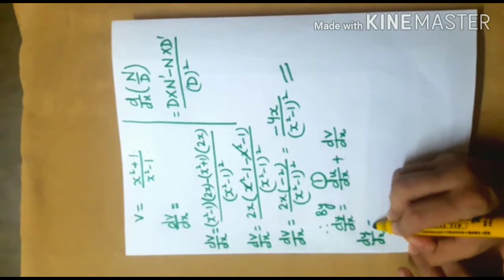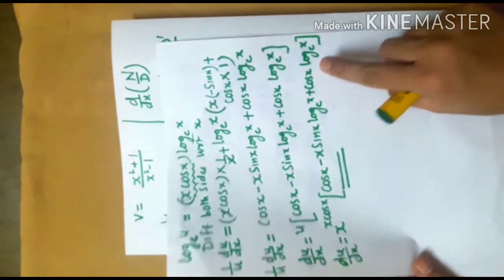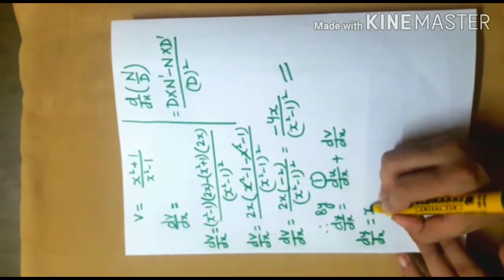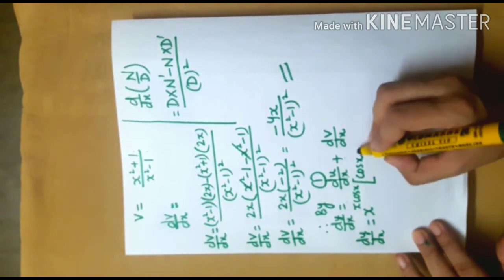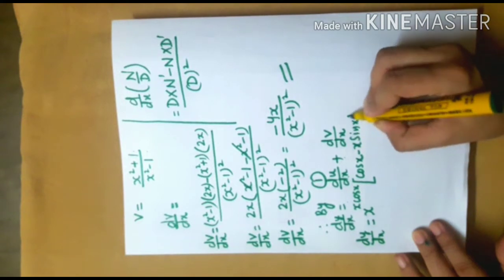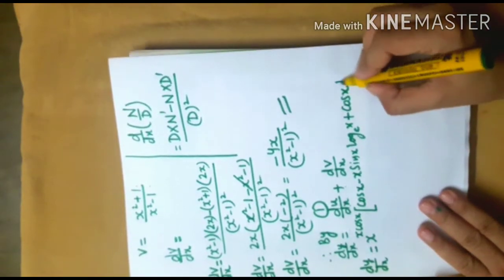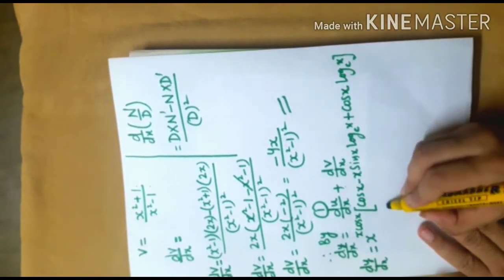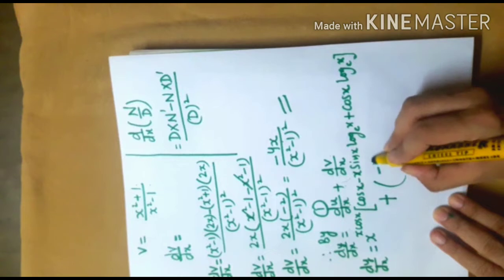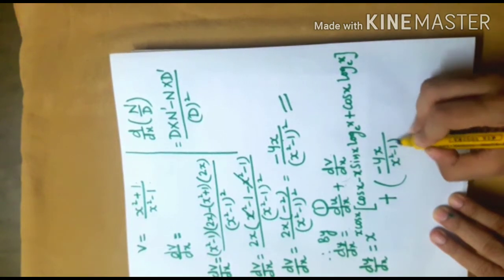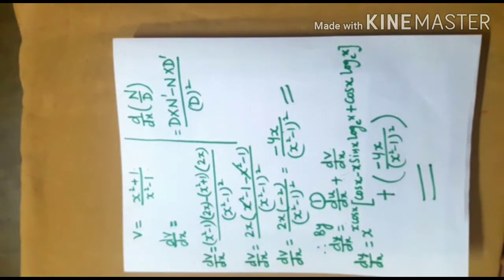So dy by dx is equal to, put the value of du by dx, and du by dx was this. So it's x raised to the power x cos x into cos x minus x sin x log x plus cos x into log x plus dv by dx, this minus 4x over x square minus 1 whole square. This is the value of dy by dx.